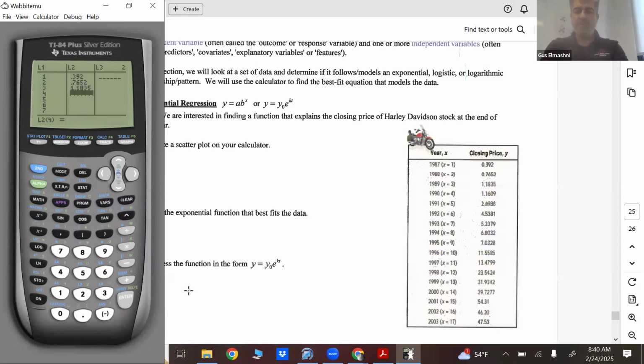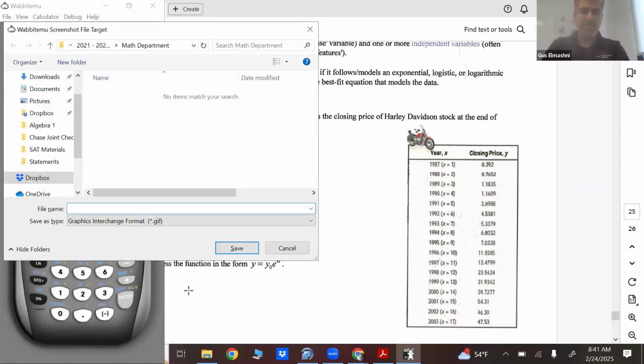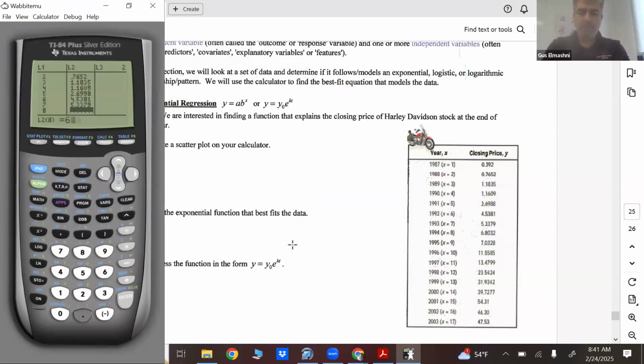You're usually given a CSV file that has a bunch of data that you need to work with. 2.6998, I think. 2.6998. 4.5381. 5.3379. 6.8032. 7.0328. 11.5585. 13.4799. 23.5424. 31.9342. 39.7277. 54.31. 47.53. Okay.